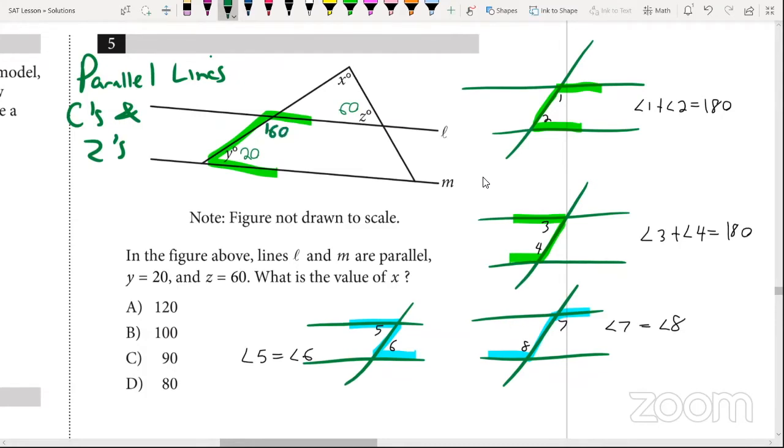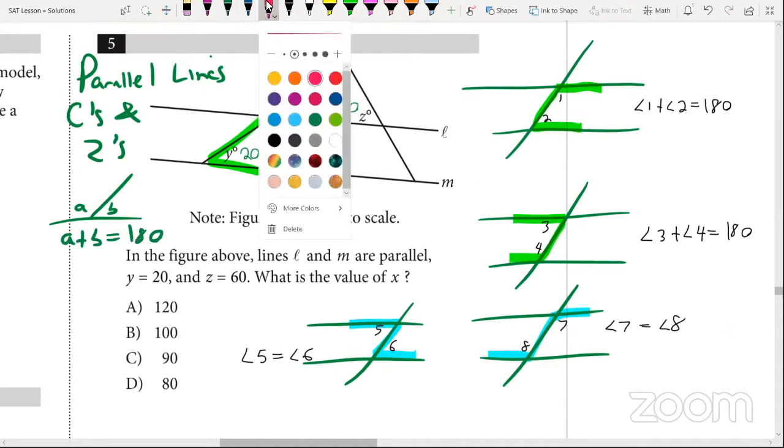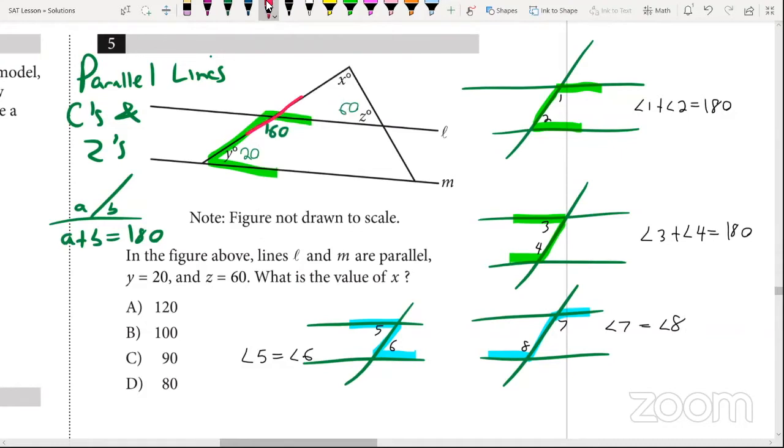Now, by the way, when you have 2 angles that form a straight line, in this case, A and B, A plus B equals 180. And that's exactly what we have right here. They equal 180. So if the bottom angle is 160, the top angle has to be 20 for the two of them to add up to 180.